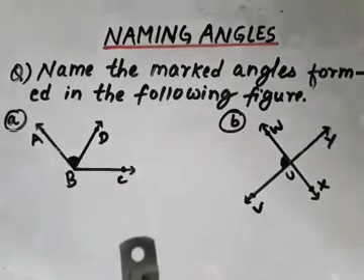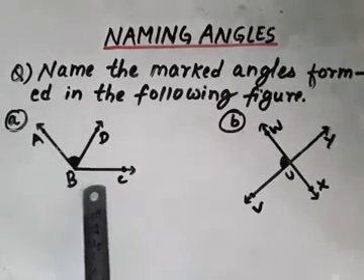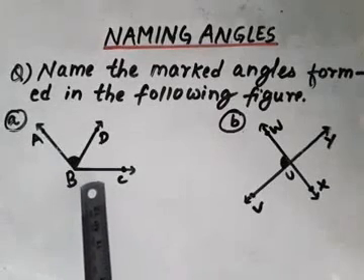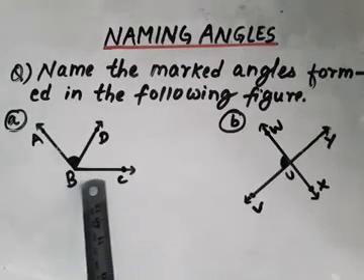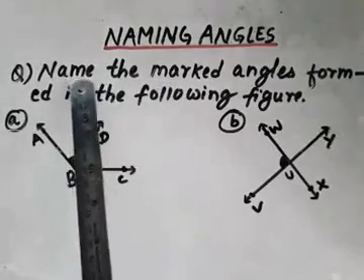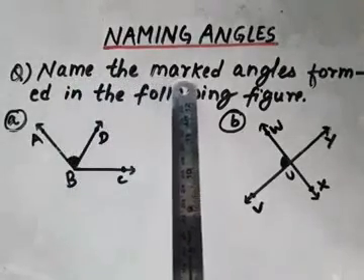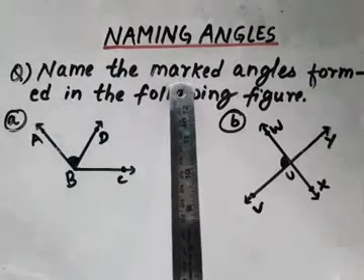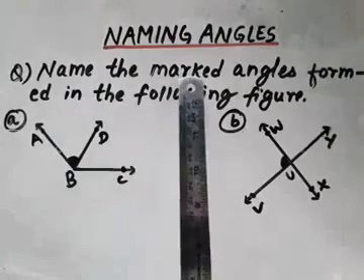So students, if you see the figure, you can see many angles here, but you are only supposed to name the marked one angle, not all. You have to name the marked angle only.